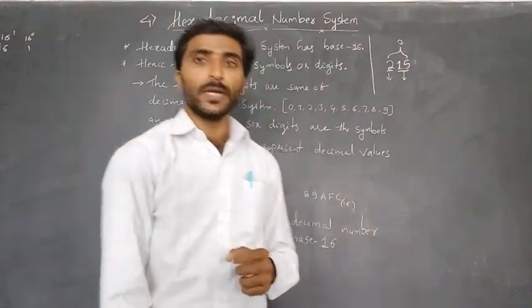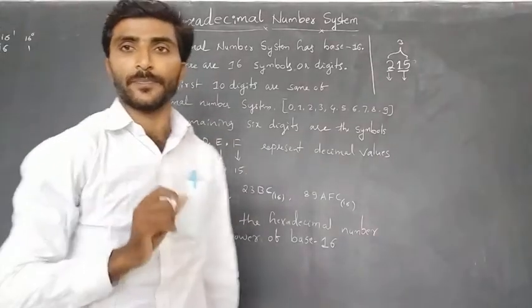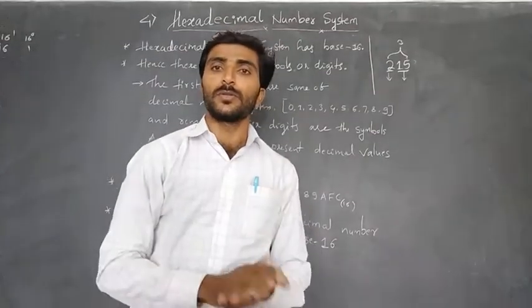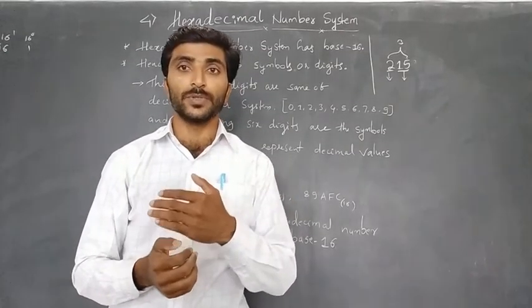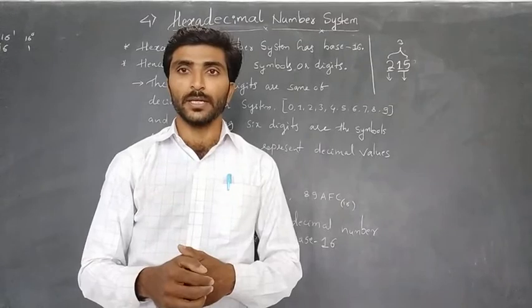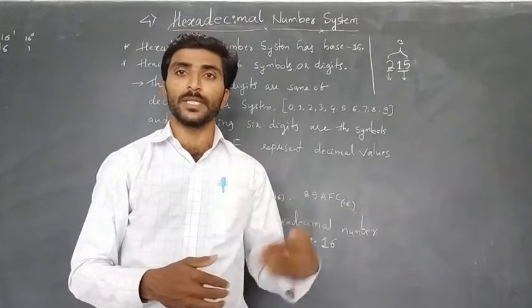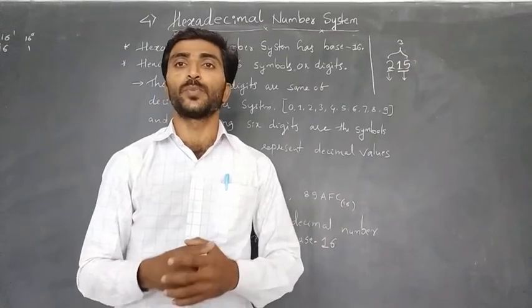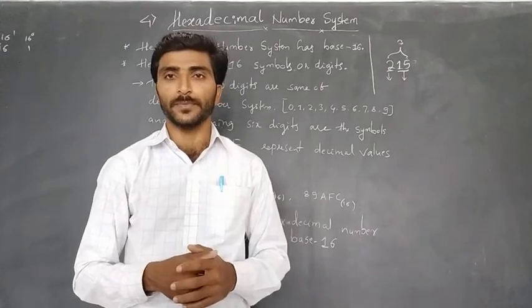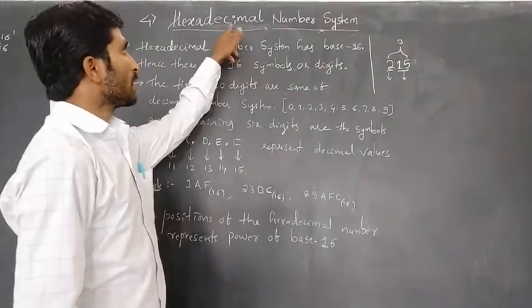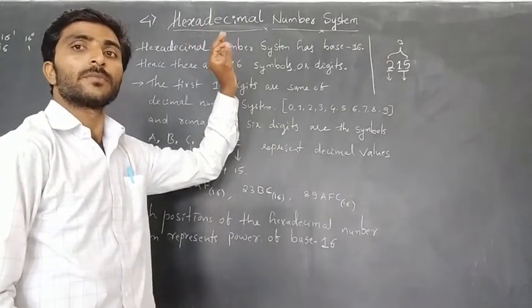It is a positional number system, the fourth type of positional number system, because these number systems are based on positions. According to positions we are representing numbers.